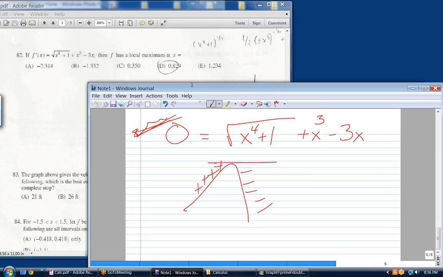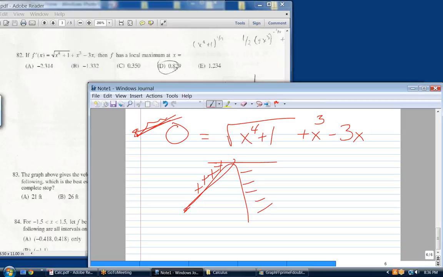And then just to clarify, the positive, negative, that's increasing and decreasing for this, right? Well, it's actually, if we figure out what f prime is, the slope.